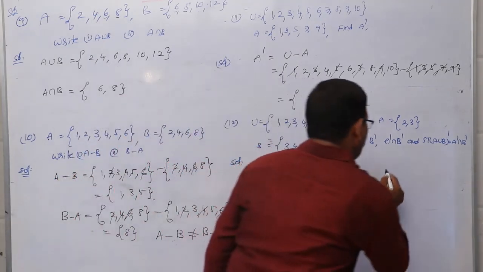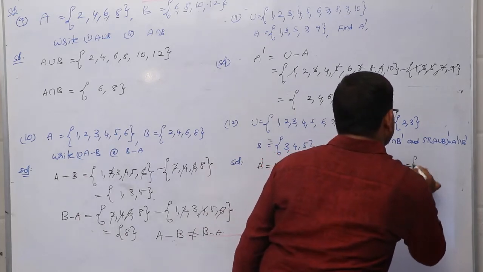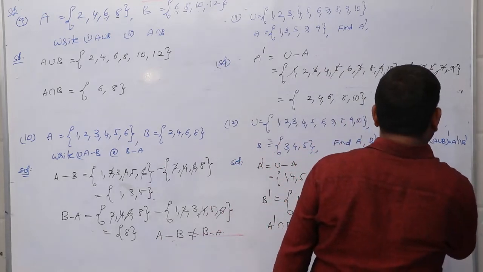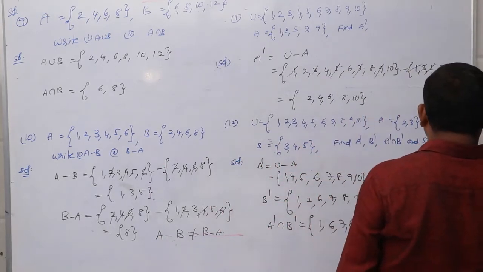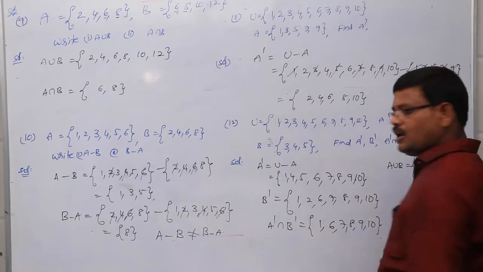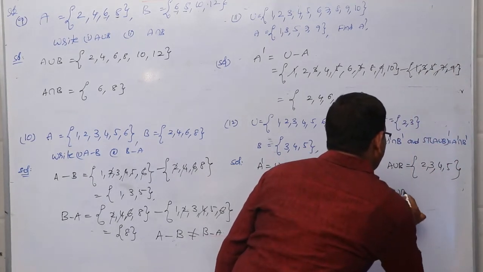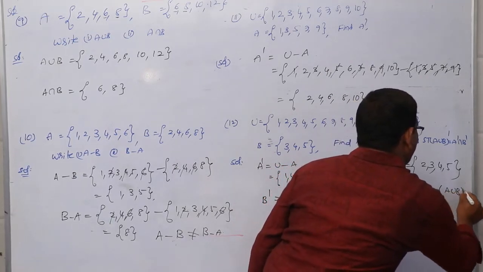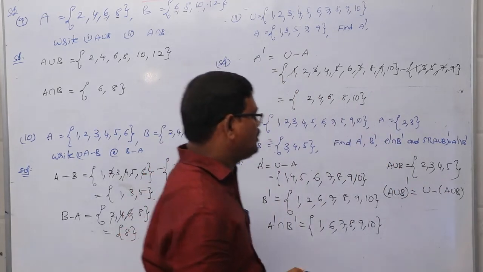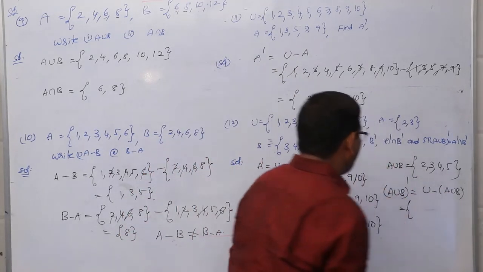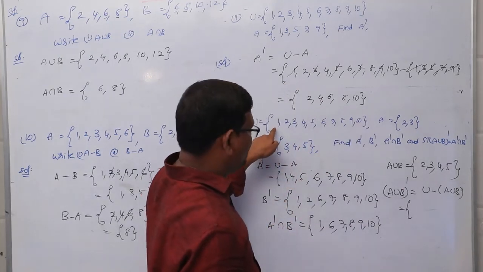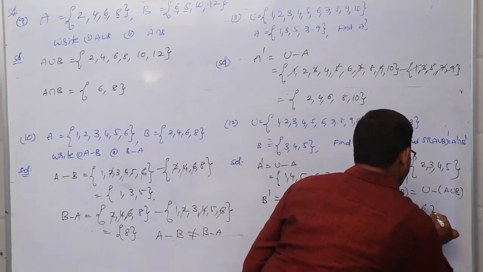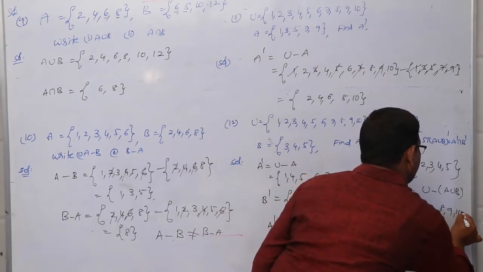Next, A union B equals 2, 3, 4, 5, and (A union B) whole dash equals U minus (A union B), that is 1, 6, 7, 8, 9, 10.